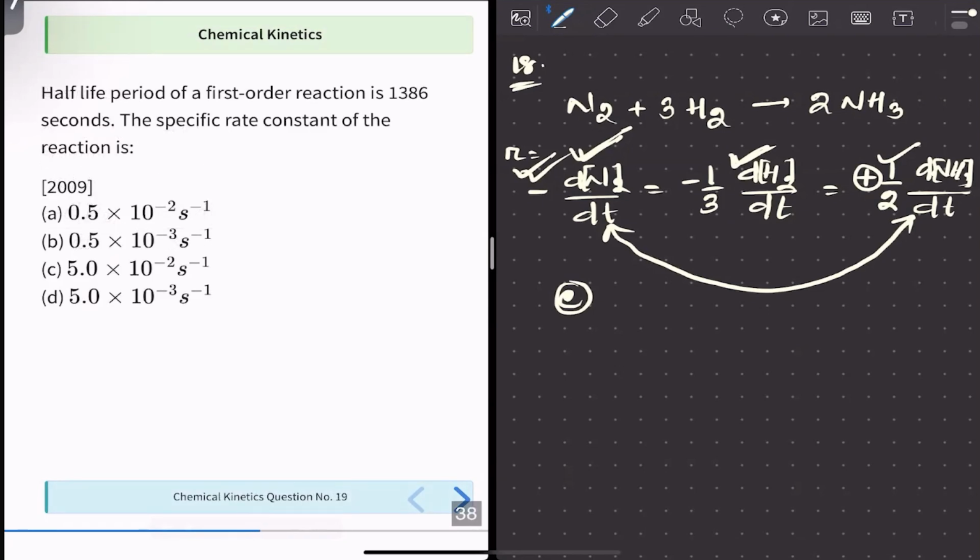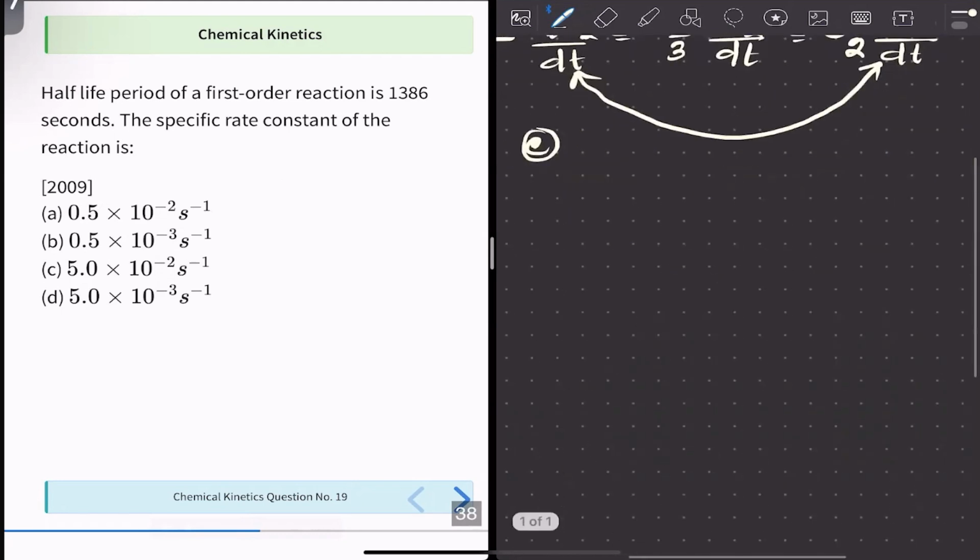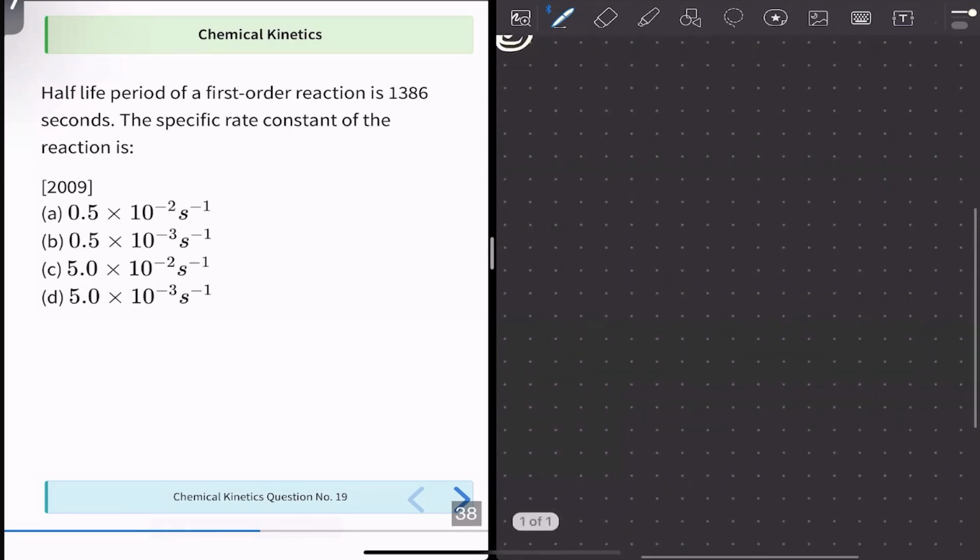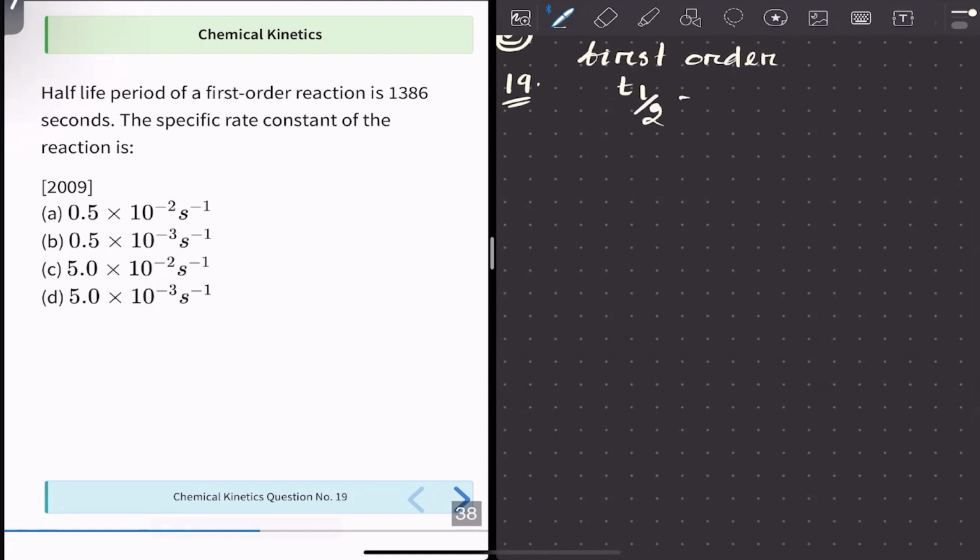Question number 19: the half-life period of a first order reaction is 1386 seconds. The specific rate constant of the reaction is? It is given that it is a first order reaction, and T half is equal to 1386 seconds.